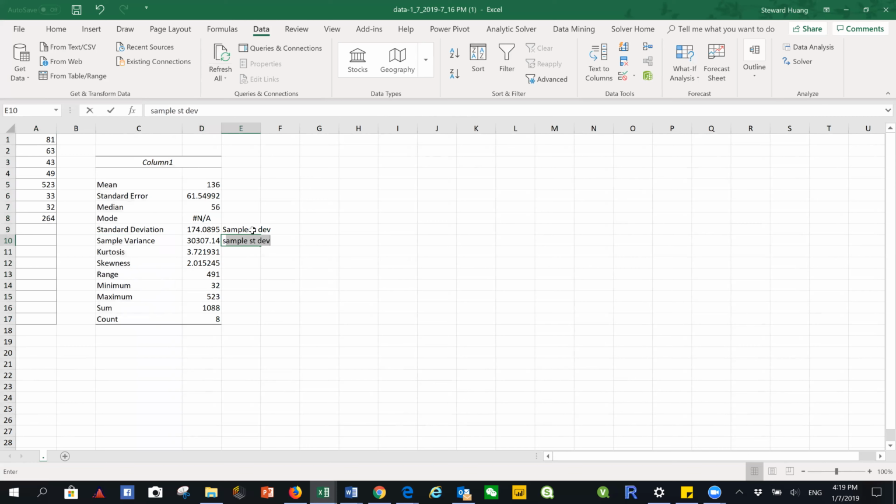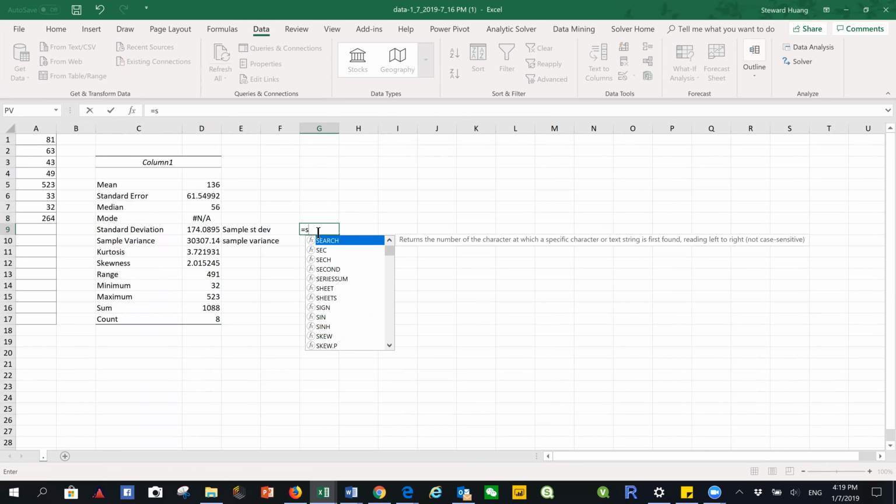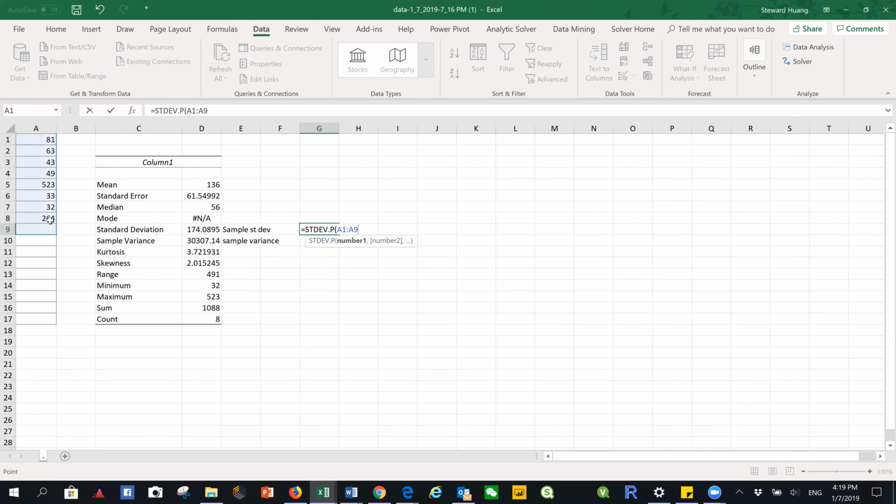And this is sample variance. I should have shown you that the result for sample standard deviation is different from the population standard deviation, because if you use STDEV, you see there's a .P and .S. .S is for sample standard deviation, .P is for population standard deviation, and they give you different results.